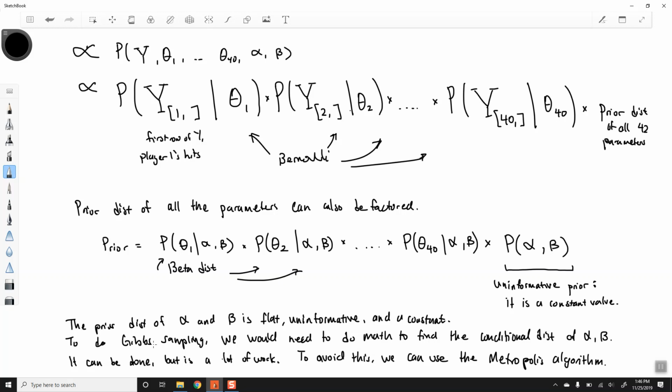Okay, so we'll do this for Gibbs sampling, and then we'll do the Metropolis algorithm, right? All right, is this all right?